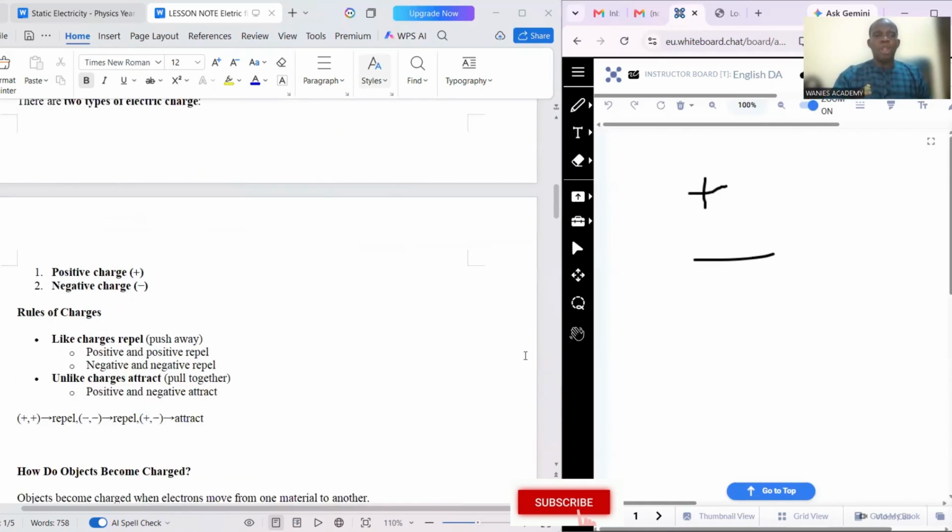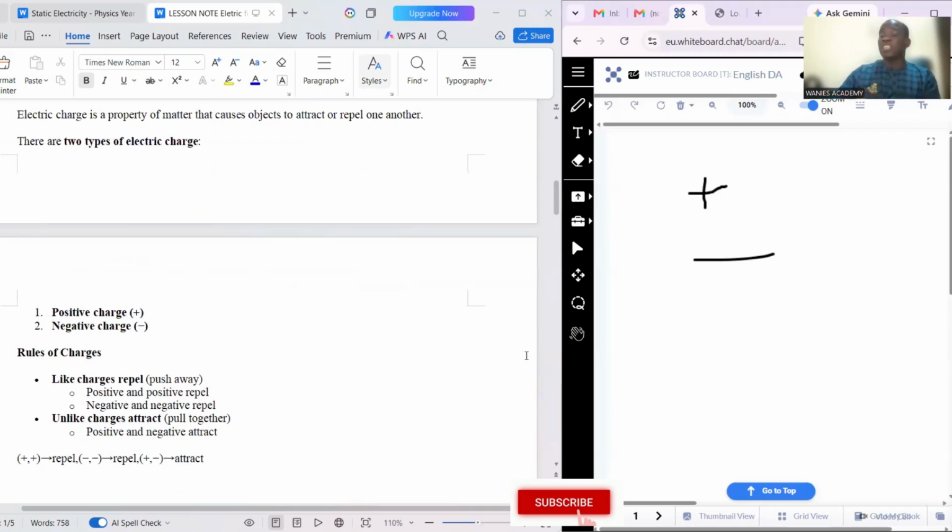Then, the second law states that unlike charges attract each other. Now, that means it pulls together. It means that a positive charge will attract a negative charge. That is the law. So if you have plus, plus, it's going to be a repulsion. It will repel.